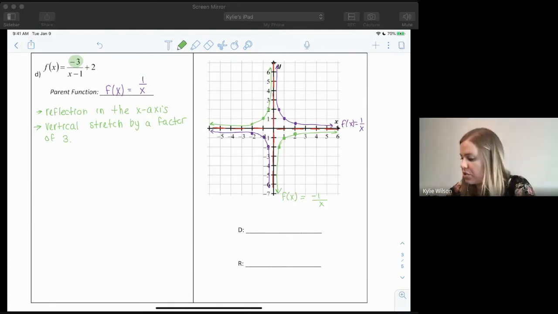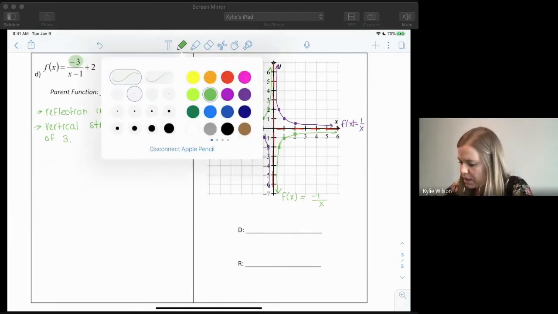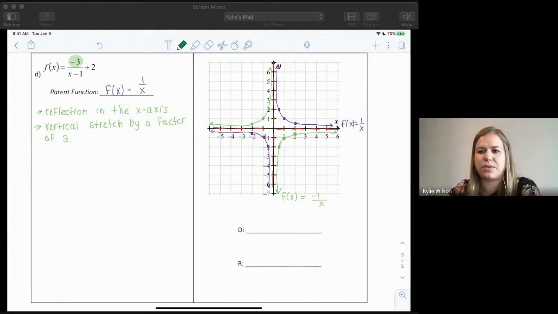So we've just done the negative part, the reflection. Now let's do the stretch with the 3. It's going to get a darker green so you can keep track of what I'm doing. What I do for a vertical stretch by a factor of 3 is I multiply y's by 3.